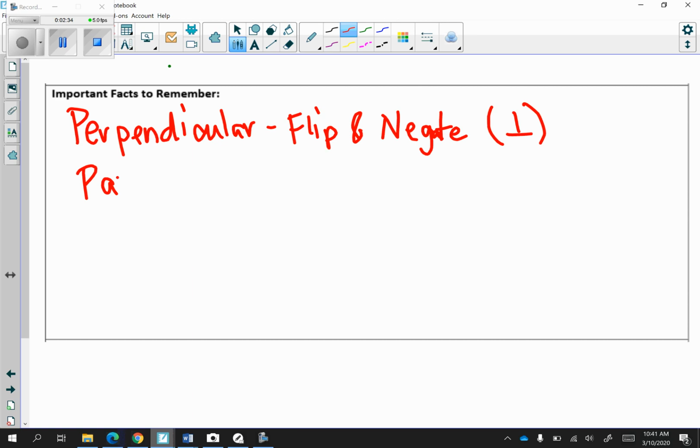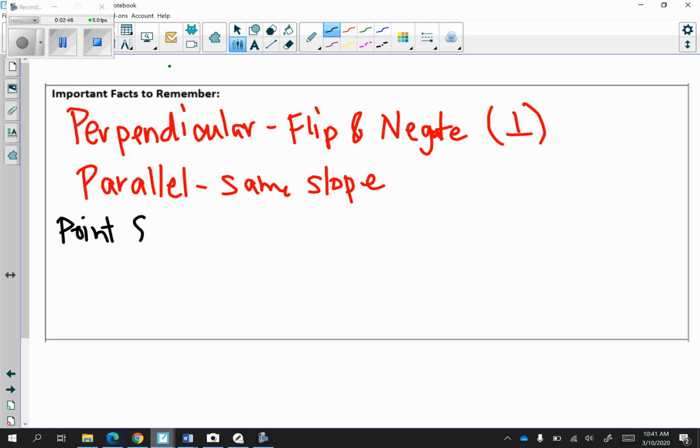Also, if it says the word parallel, that means the same slope. Don't forget the point slope form of an equation, which is y minus y1 is equal to m times x minus x1.